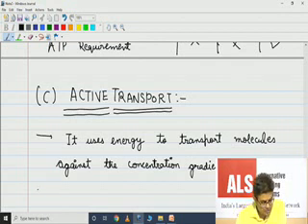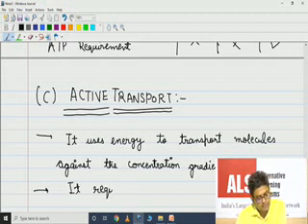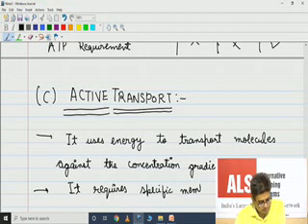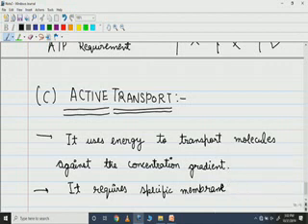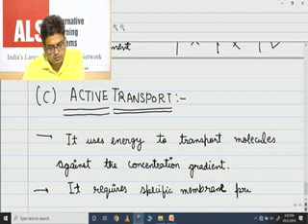It requires specific membrane proteins for this function.